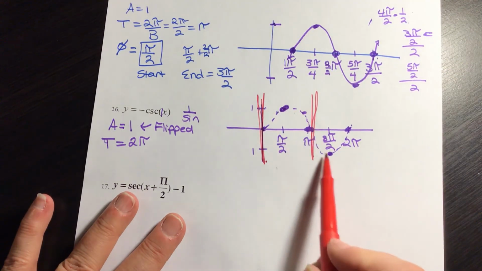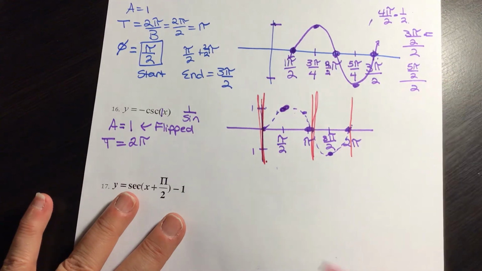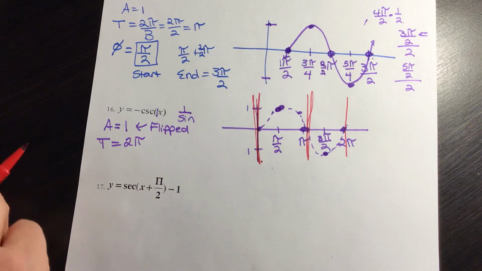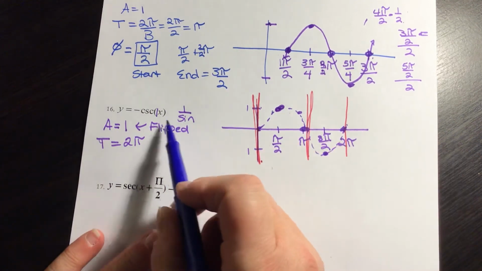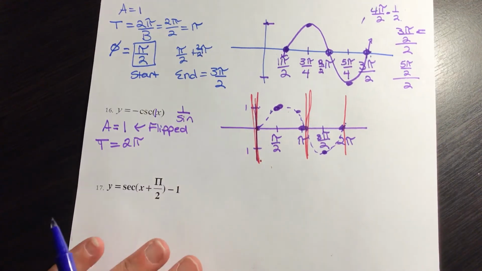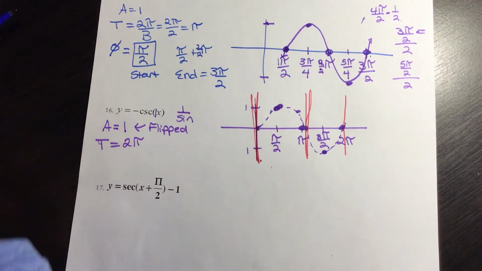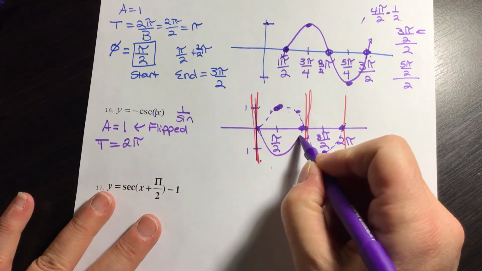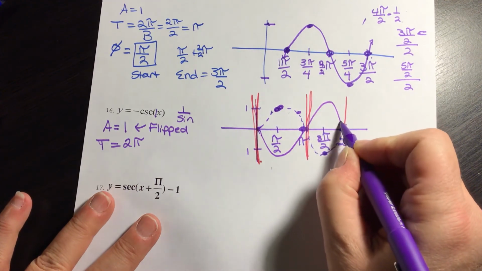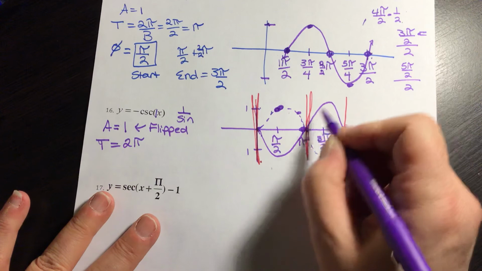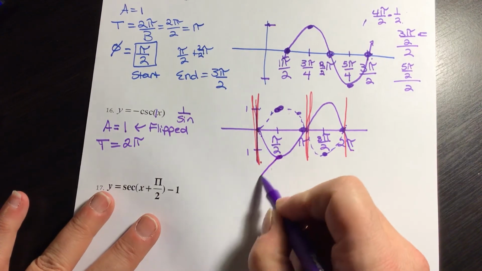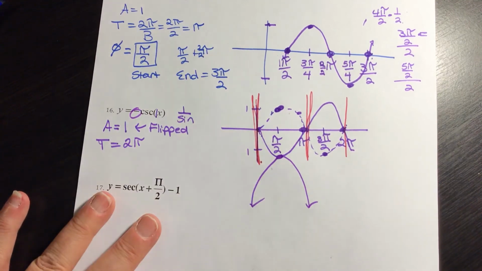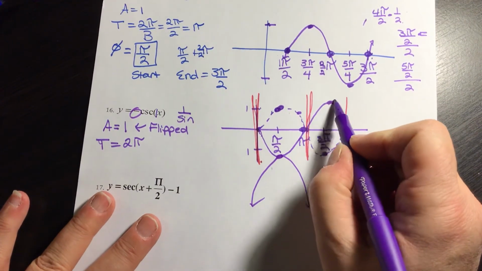Where my sine graph crosses the x-axis is where my vertical asymptotes are. And then to get the cosecant, oh, and I didn't flip. So actually my sine graph is down here, like this. At this point, I'm going to go down, and I just forgot to flip because of that negative. And at this point, I'm going to go up.